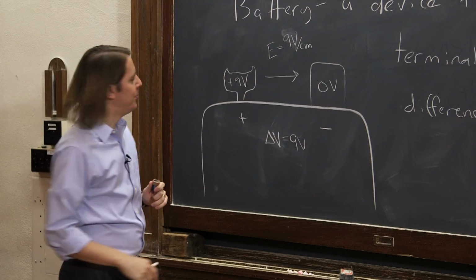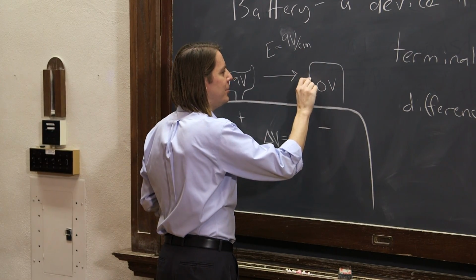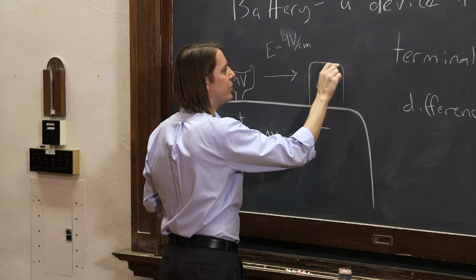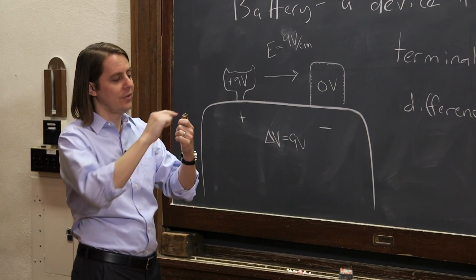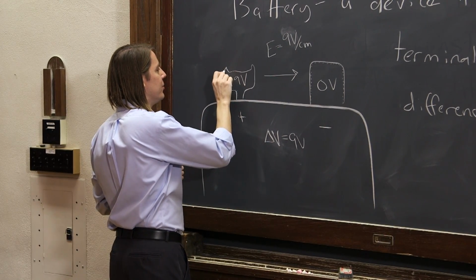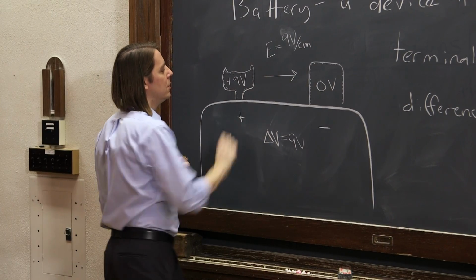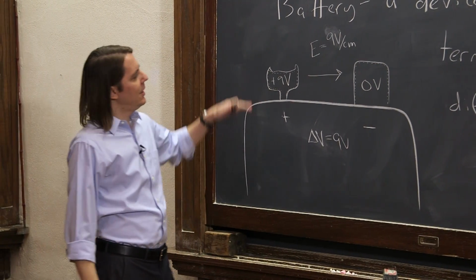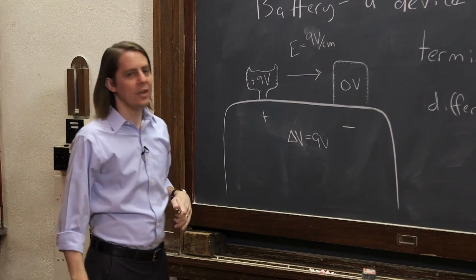We can also think about the potential. These are conducting electrodes, so they must have equipotential surfaces all along their surface. Here is the 0-volt equipotential surface. It's the surface of that terminal. And here is the 9-volt equipotential surface. It's the surface of that terminal. We also know that the potential is going to go down as we go along the field.